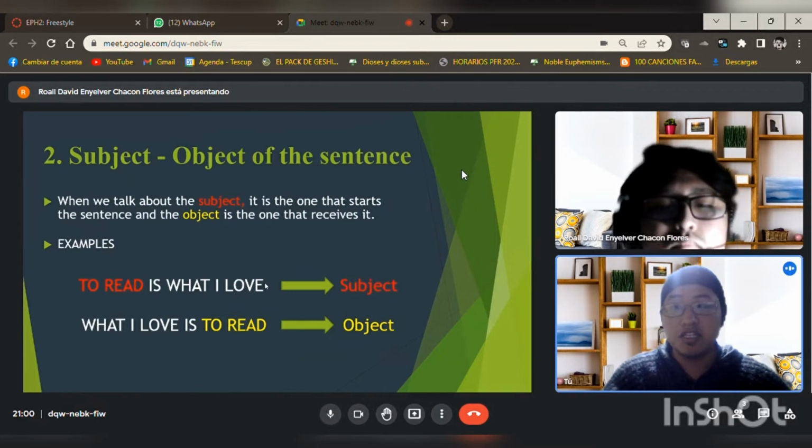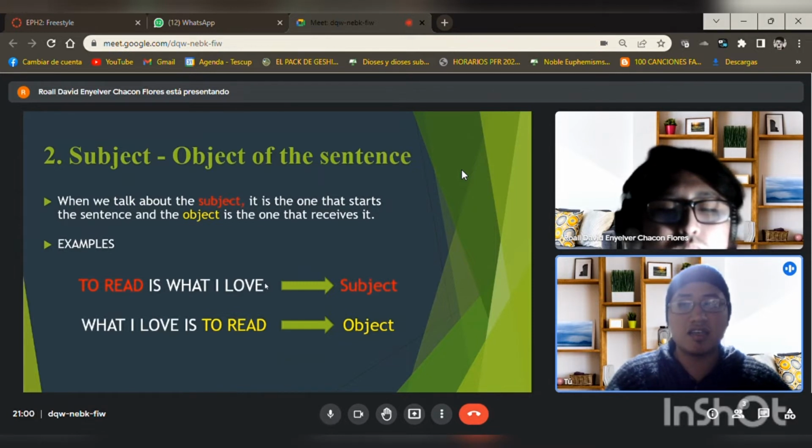The subject is the one that starts the sentence, and the object is the one that receives it. For example, 'To read is what I love.' In this case, to read is the subject and is first in the sentence. And sentence number two: 'What I love is to read.' In this case, to read is an object.